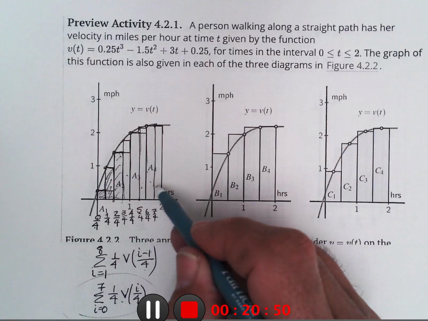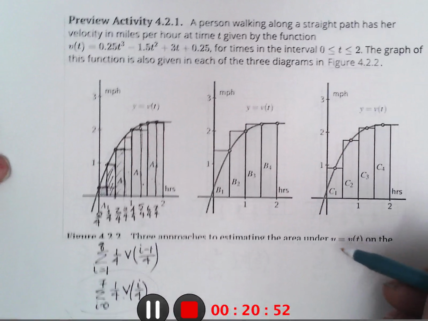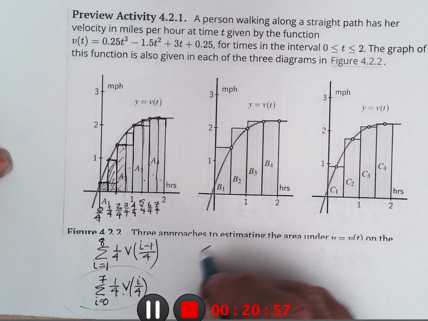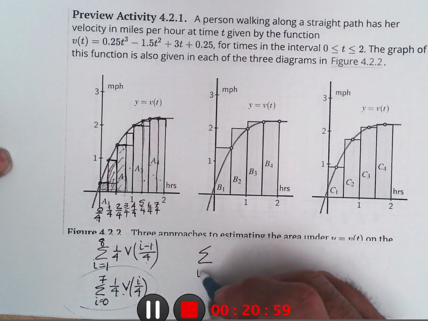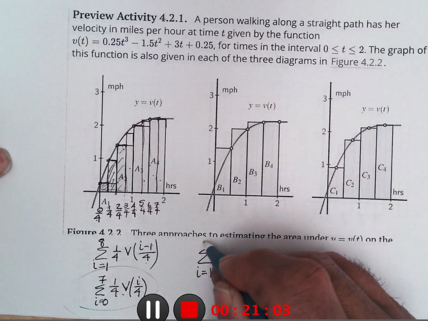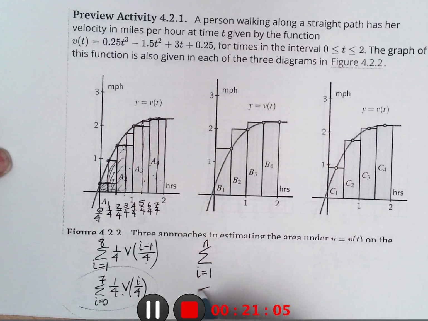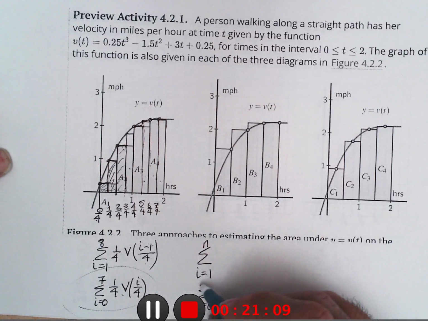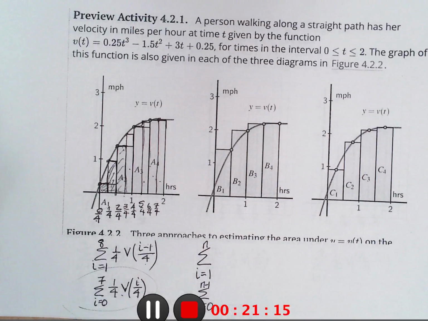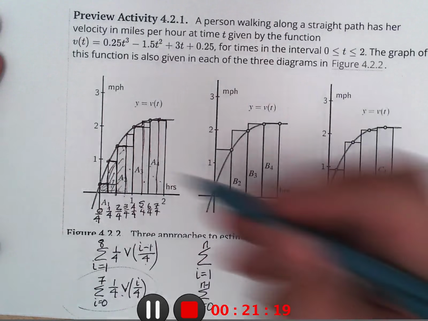So if I did it with n of them, then I would have to go from 1 to n, or possibly i going from 0 to n minus 1, just like we did here, either 1 to 8 or 0 to 7. And then I would be figuring the height. Well, let's see, I'd have to do the width.